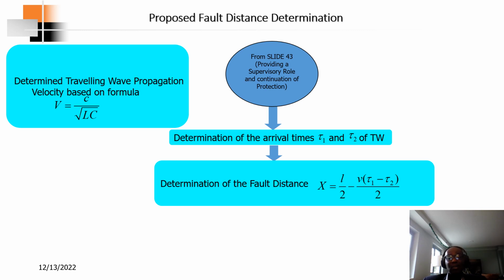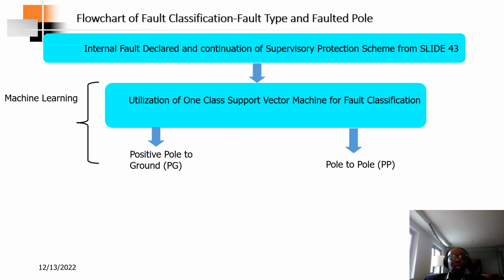Then I can determine the velocity and the distance where the fault occurred. Then I can compare the actual fault distance and the calculated fault distance, and determine the percentage error.